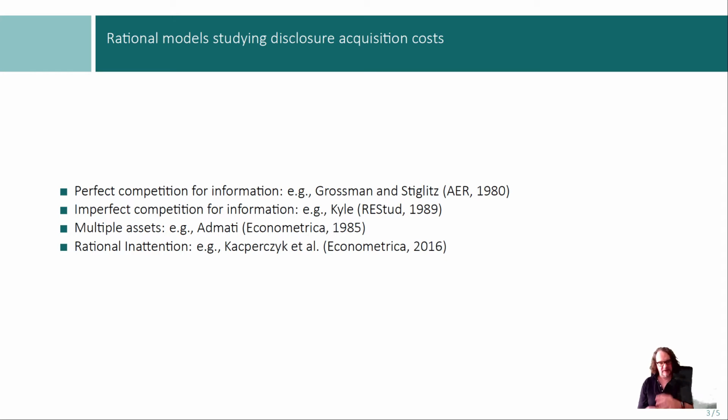So this has motivated people to design models where there is imperfect competition for information, because the different traders have different information endowments, so they are heterogeneous, and they cannot compete with each other in a perfect market because of this different endowment. And the seminal model there is the Kyle model, and I feel a little bit bad because we don't talk more about the Kyle model, because it's so interesting and also so important.